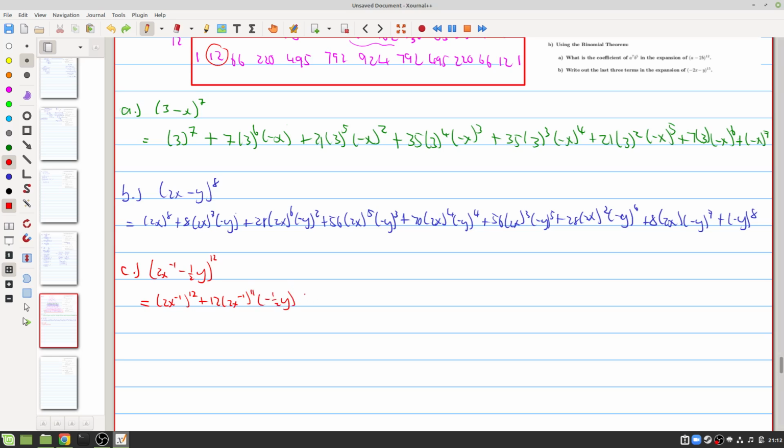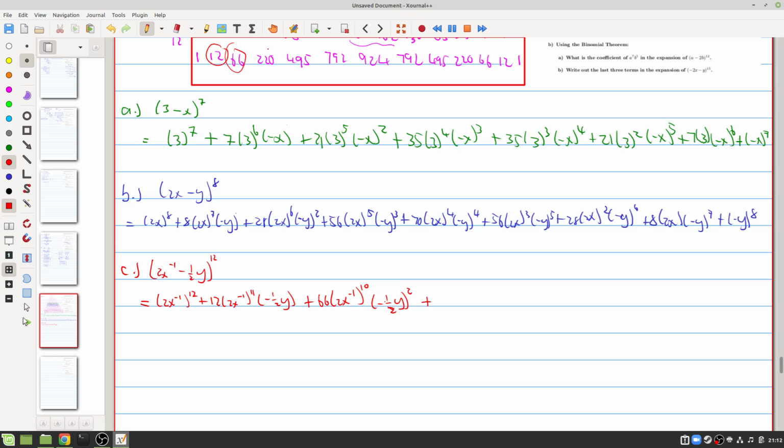So we don't have to write the 1 there. Plus, okay, next we have 66. So plus 66, first term to the power 10, so we keep on subtracting an exponent from the first term, and adding an exponent to the second term. So instead of 1, we now have 2. And again, 10 plus 2 is 12, so we know we're on the right track still.